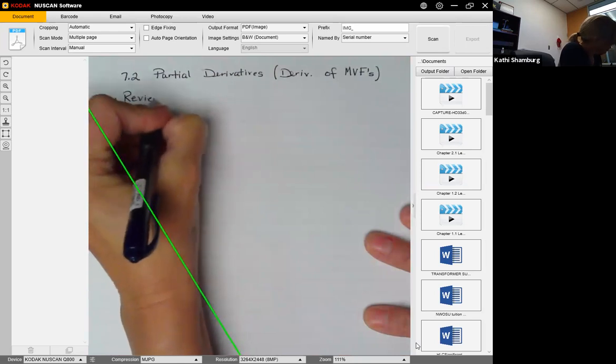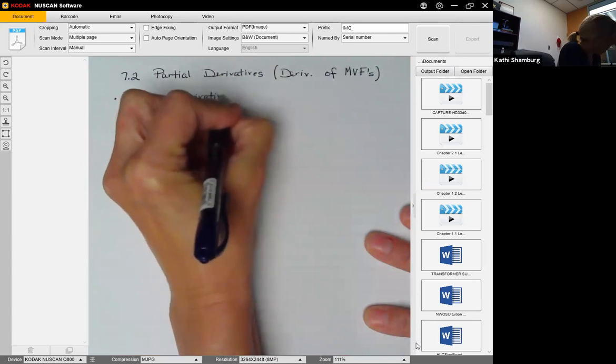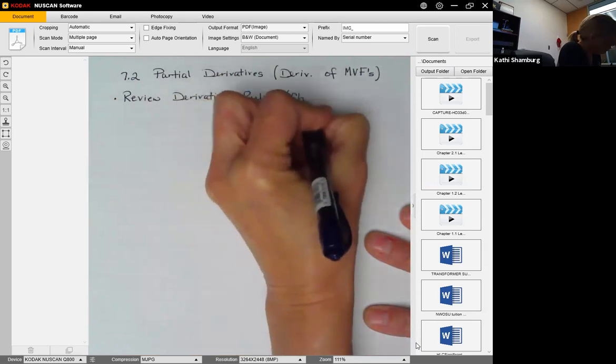to review some of the derivative rules. And that takes us back to chapter 2.